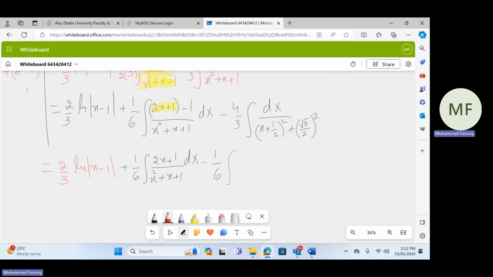Just make the example: integrate dx divided by x squared plus x plus 1. Do you understand how I break into parts? Yes. 2x plus 1, I break: this over this, minus this over this. Integration of this, we know.